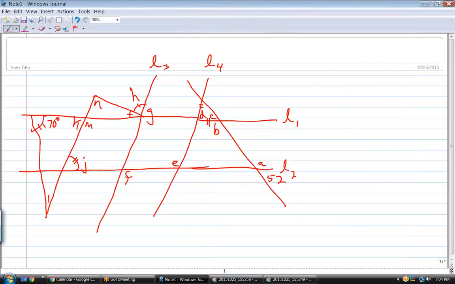Now, the first thing to know when you're solving these kind of problems is you do not have to solve them in the order of the letters. You don't have to solve A first, B second, C third, and so forth. Basically, you just kind of solve what you can solve. For example, what is J? J is 70 degrees.